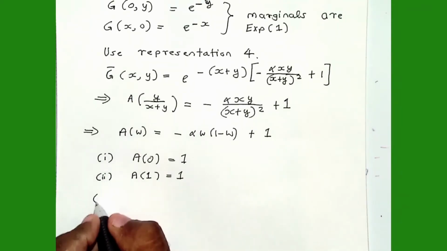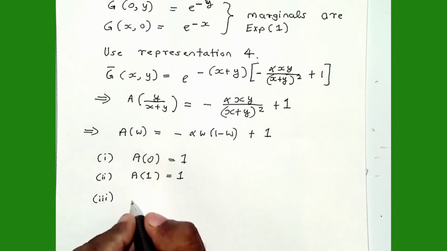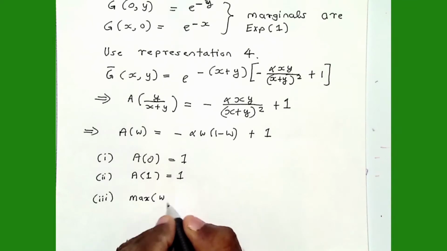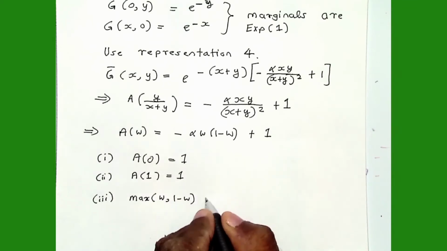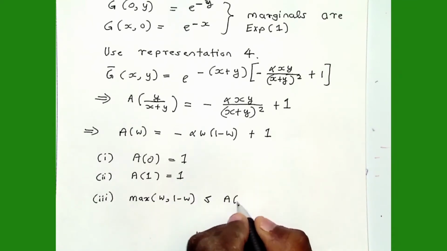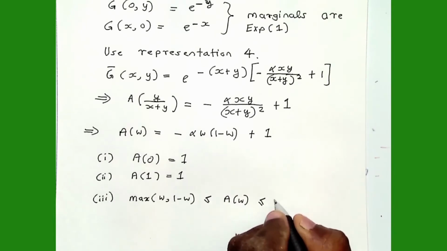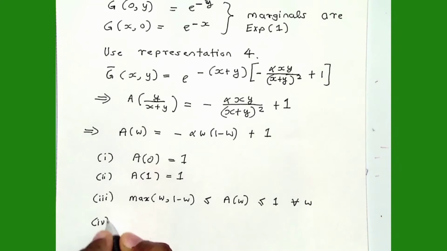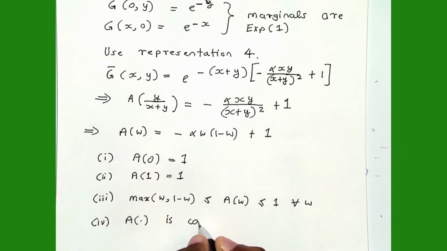And the third condition is that A of w is between the maximum of w and 1 minus w, and 1. All right, and the condition 4 is that A must be a convex function.